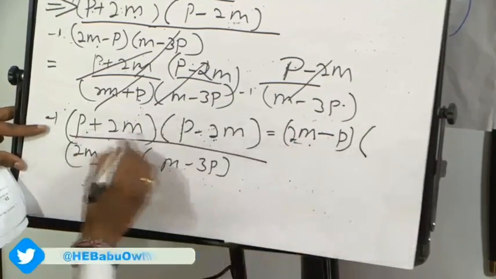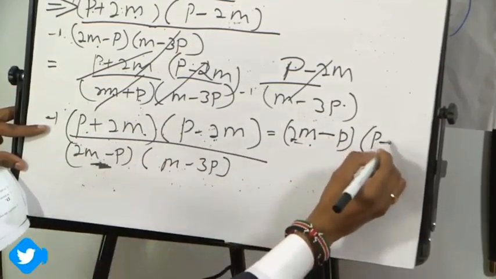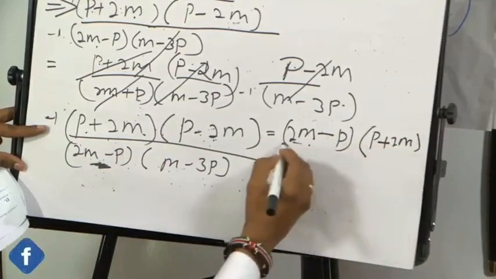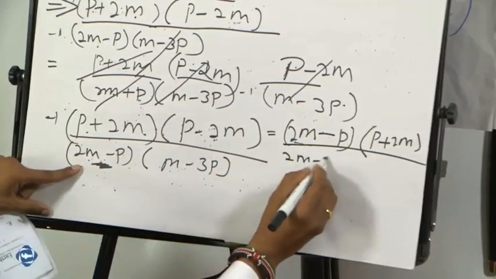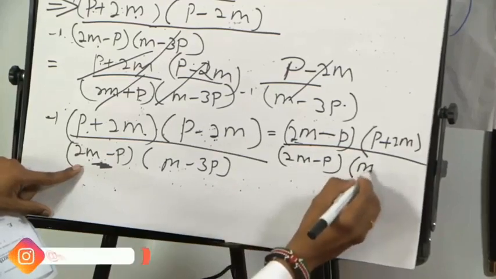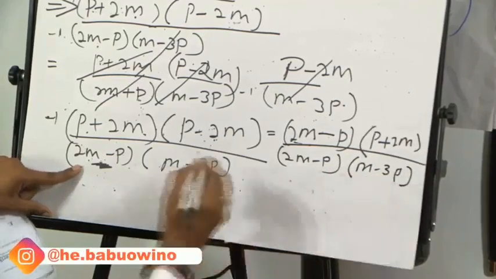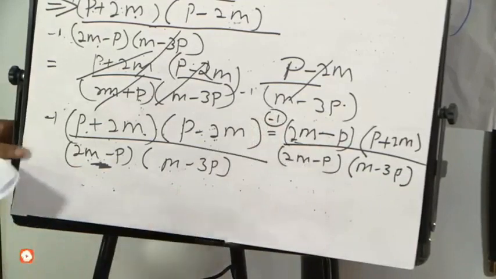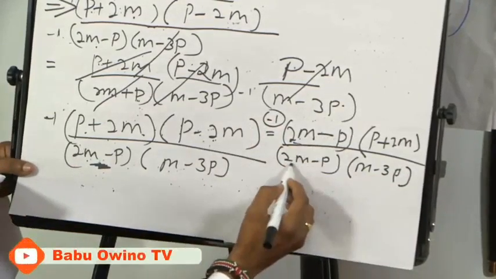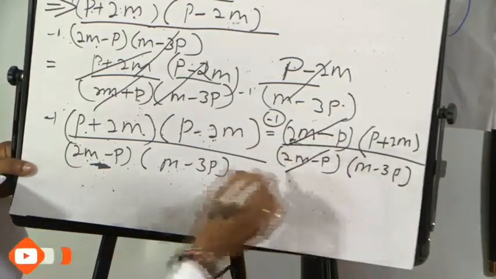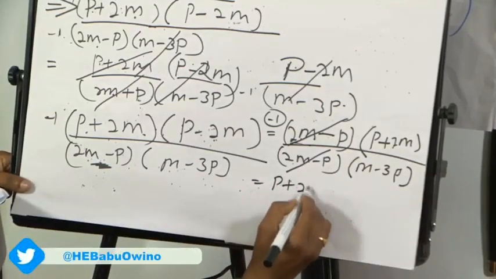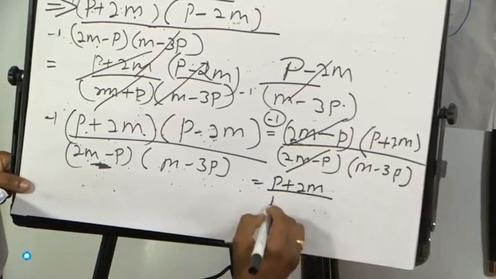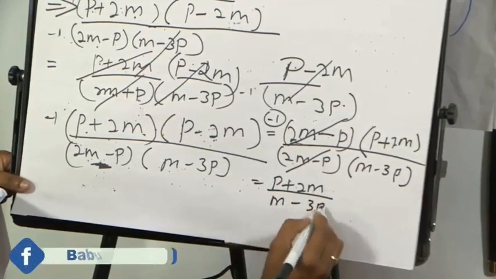Into bracket, this value is p plus 2m divided by 2m minus p into m minus 3p. Remember, we have negative here. So 2m minus p over 2m minus p, this and this cancel. Here you remain with p plus 2m divided by m minus 3p.